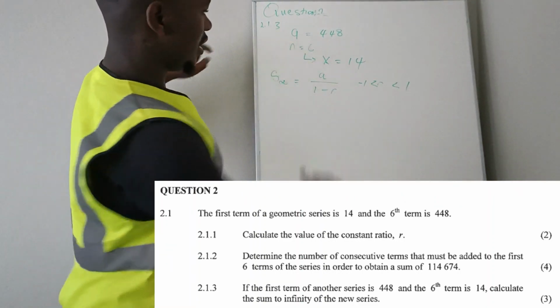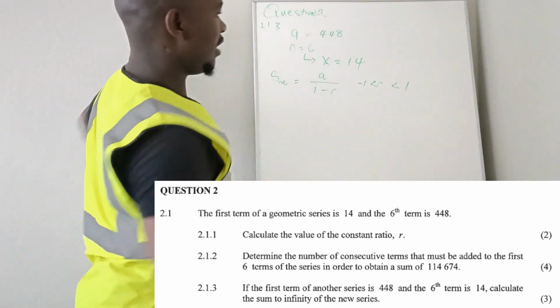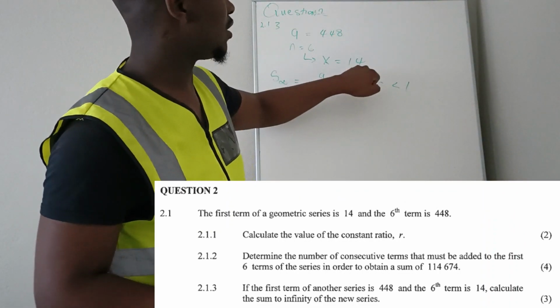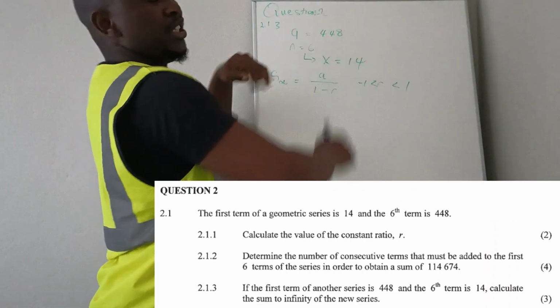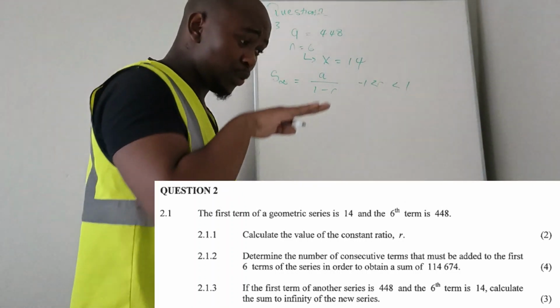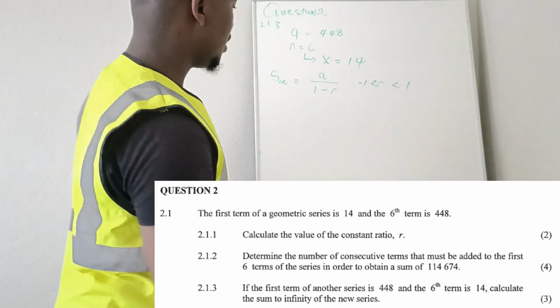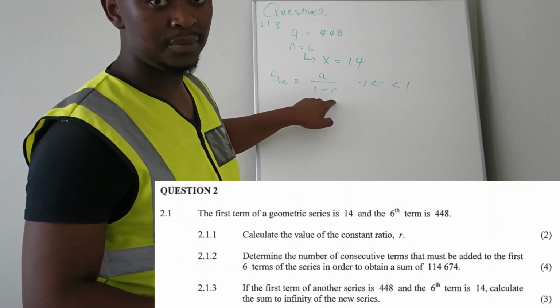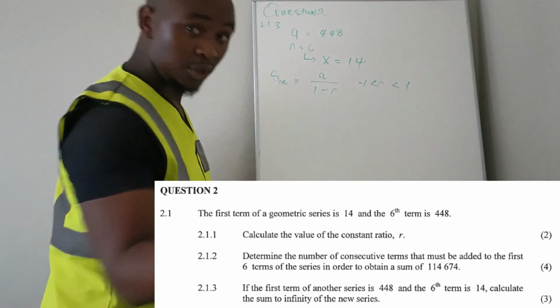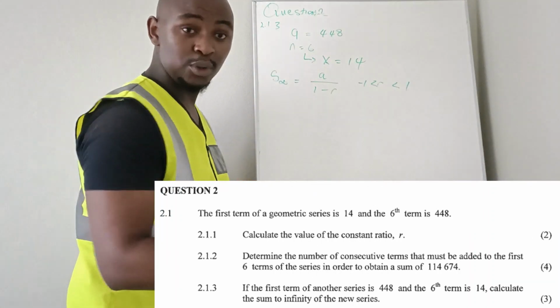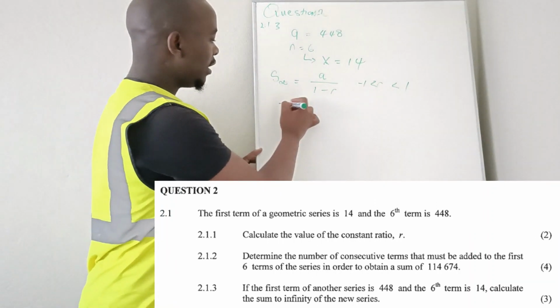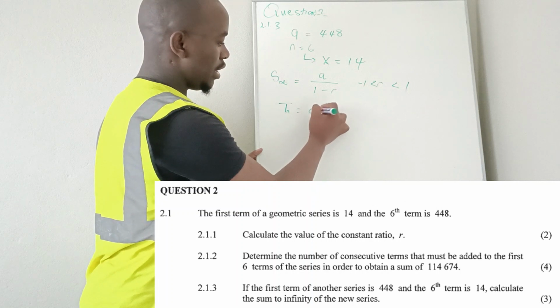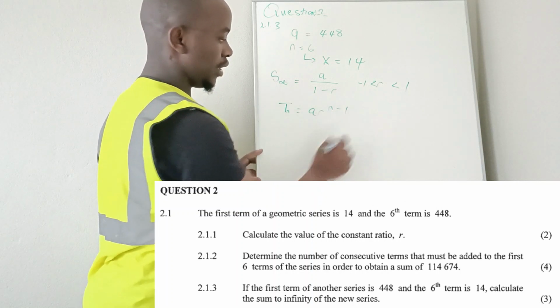We already know that if the first term is 448 and the sixth term is 14, then the ratio is way less than 1 because we are decreasing as we go forward. But now we don't have the value of r. How can we find the value of r? If you go back to the same approach you used for the first question, Tn equals a r to the n minus 1.